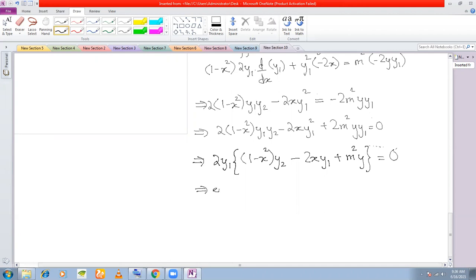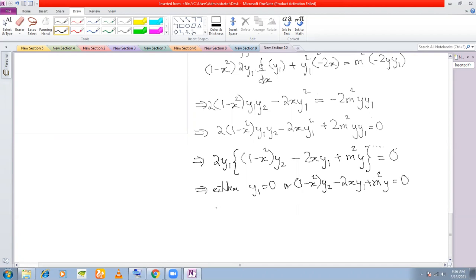That means either y1 is equal to 0 or (1 minus x square) y2 minus x y1 plus m square y is equal to 0.